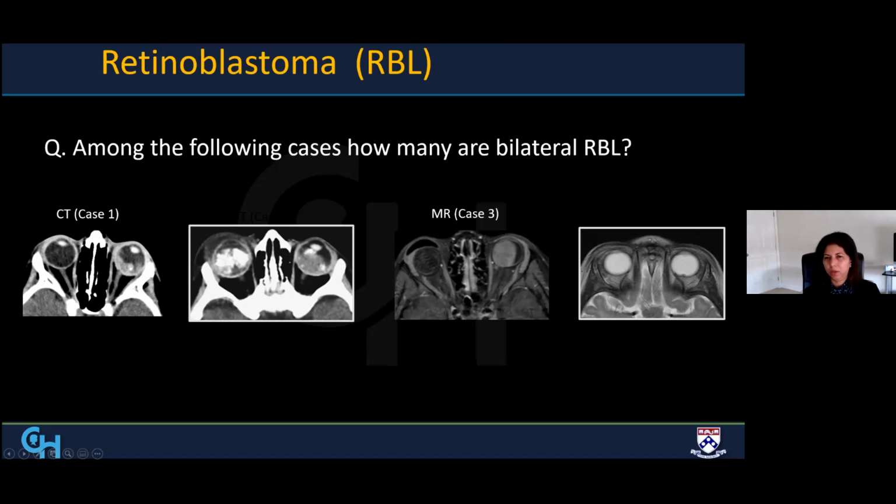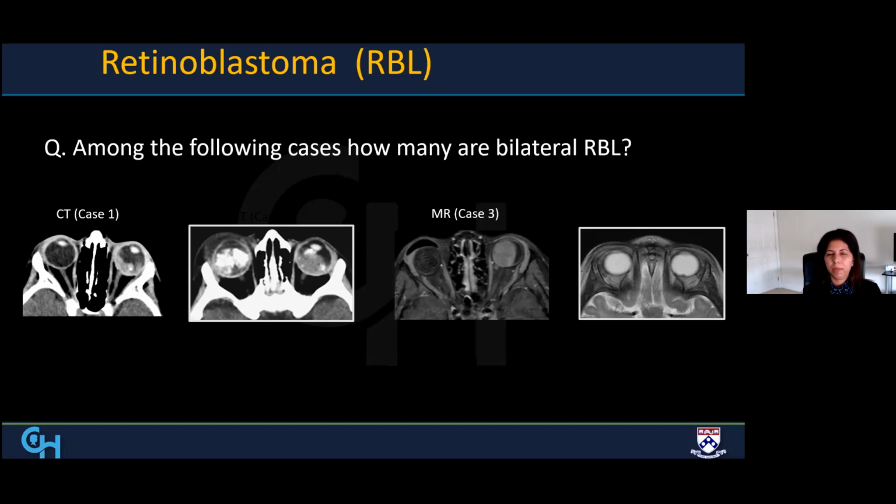And same thing here on another case, where you have just a very small nodular lesion in the left globe. And what about the right globe? You may be inclined to think that the first and this last case are unilateral retinoblastomas, but I have to tell you, these are all examples of bilateral retinoblastoma.